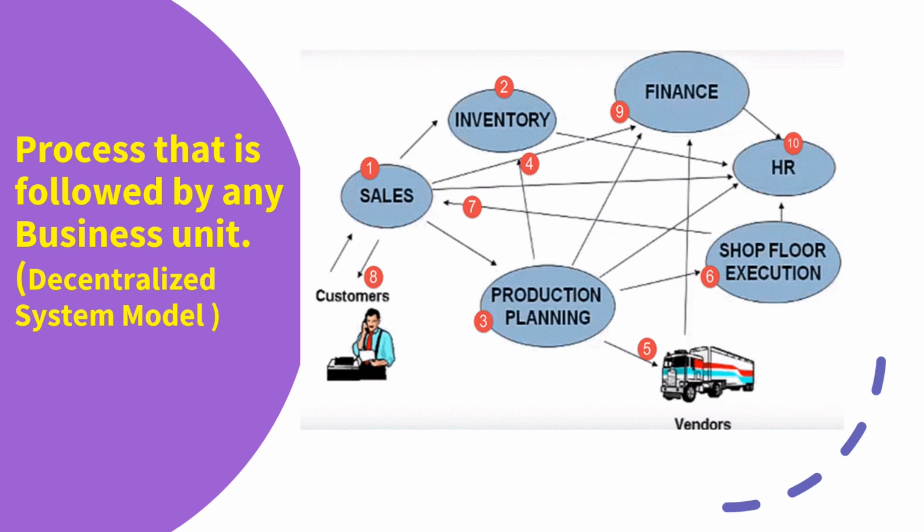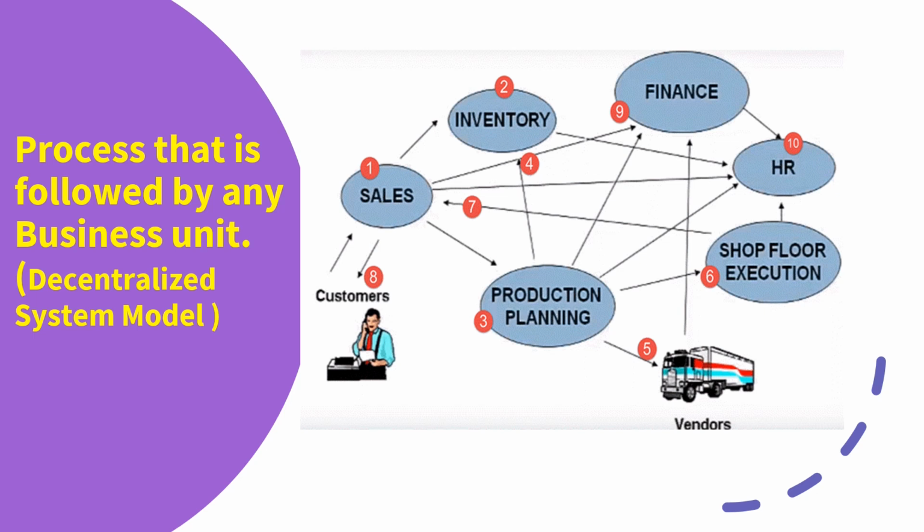If the raw material is not available, the production planning team buys it from the vendor. Production planning forwards the raw material to the shop floor execution department for the actual product. Once the product is ready, they ship it to the sales team and the sales team delivers the product to the client.